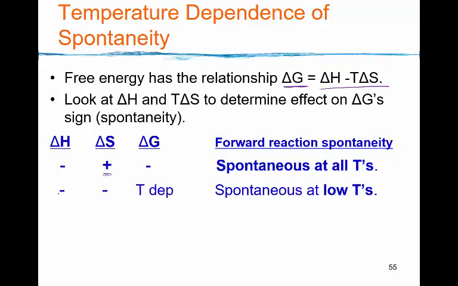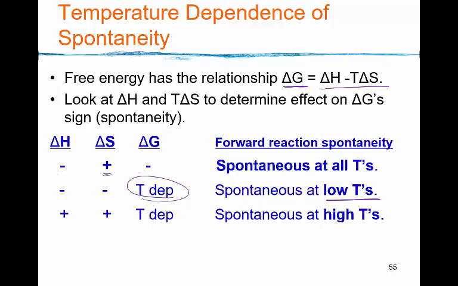If it's a negative delta H, but a negative delta S, the delta G sign is going to depend on the temperature. And so it will be spontaneous only at low temperatures. If the delta H is positive and the delta S is positive, it's also temperature dependent for G. So it will be spontaneous at high temperatures.